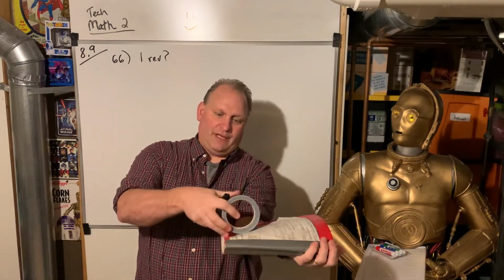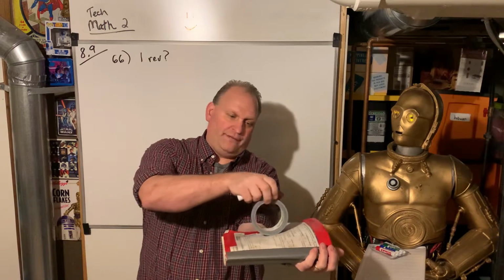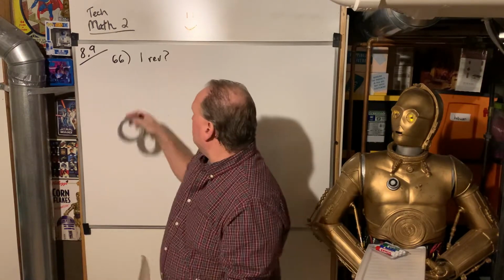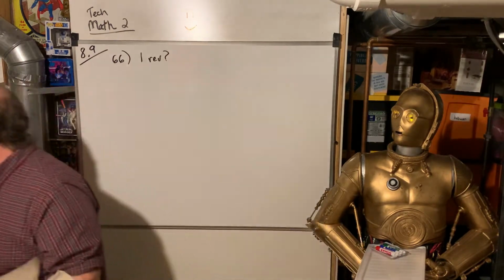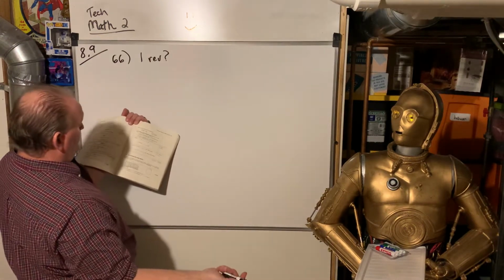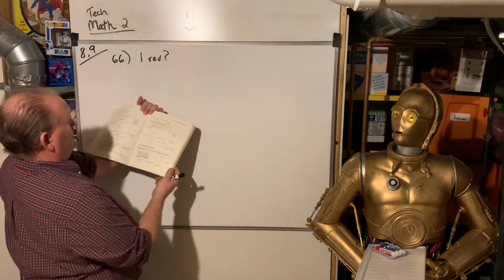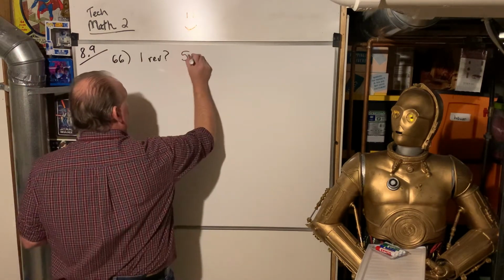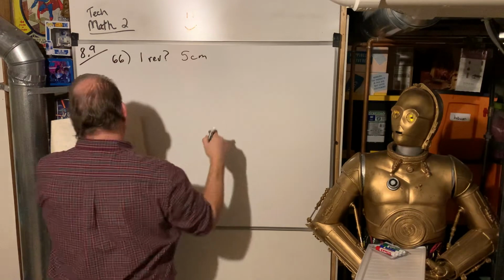If I was unrolling the tape, I'd put the piece down and then roll it 1 full rotation. How far would that go? Well, it would be the circumference. So if they tell us the circumference is 5 centimeters, 1 rotation would be 5 centimeters. It would travel 5 centimeters in 1 rotation.